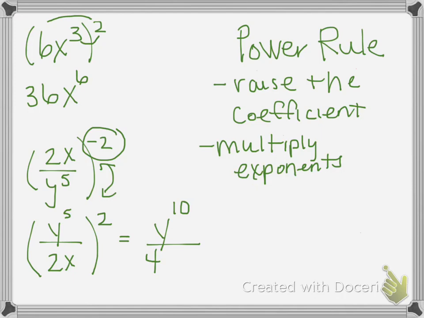And now we multiply the 2 with our exponent on the x, which is a 1 since there is nothing written, which gives us a 2 for an exponent. Keep our base and write our exponent. Since we have squared everything, we no longer have the 2 as a power on the outside, so we can leave off our parentheses. Our final answer here is y to the 10th over 4x squared.